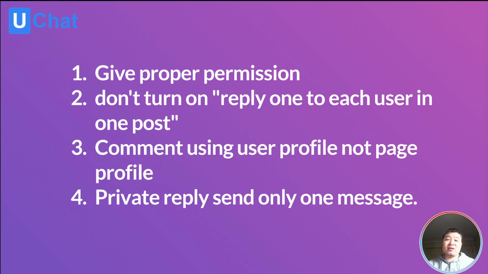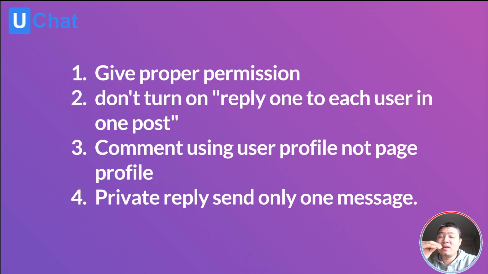If you turn it on, when you test it works, and when you test again, it will not trigger because it only triggers once. The third is when you are testing, comment on that post, but do not comment as the page admin. You need to switch your profile and comment as a user.